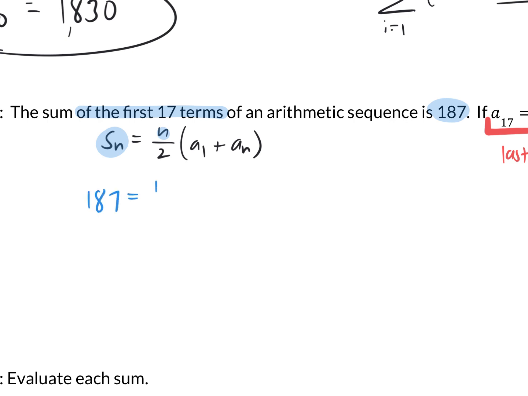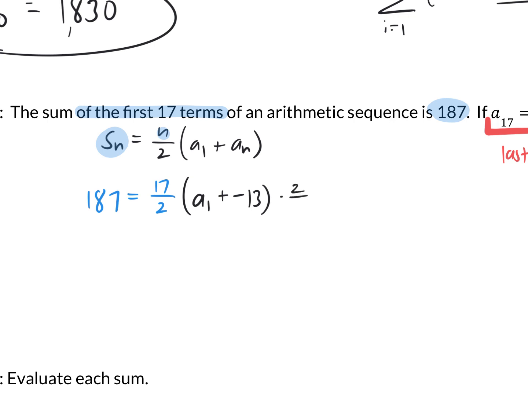And then I've got 17 divided by 2 times, I don't know a1, but what is a17? Negative, was it 12? 13, negative 13. So last term in the sequence, a sub 17 is negative 13. So now from here, I just have to do a little bit of algebra. I would get rid of that 17 halves first if it was me.